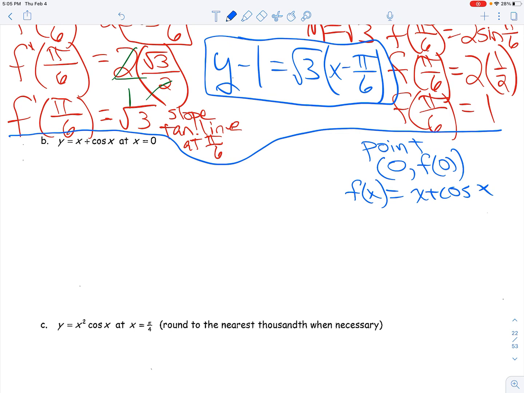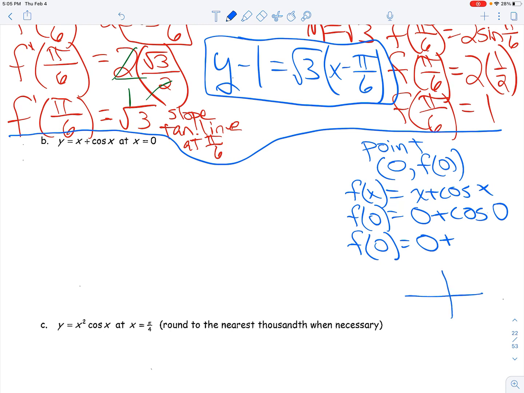So if my function here is x plus cosine of x, f of 0 is going to be 0 plus the cosine of 0 radians.